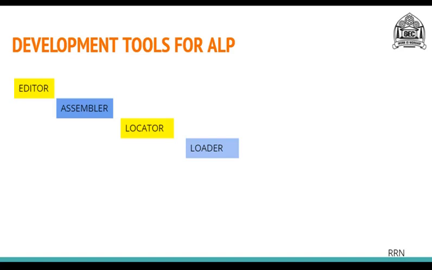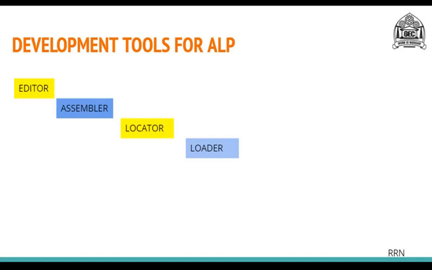It can accept an absolute program, which is a fixed program, or it can accept a relocatable program. So the loader is a functionality which will basically take your object code and load it into the memory location which is specified by the locator. That is the job of the loader development tool.